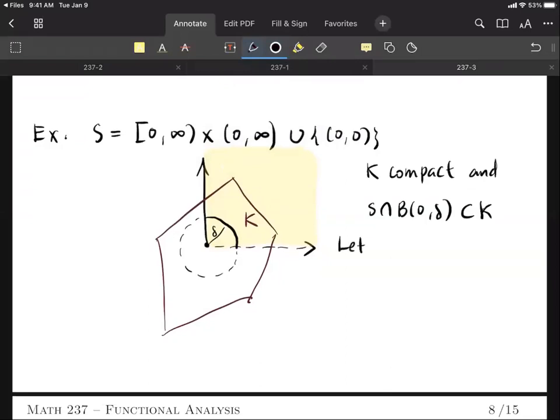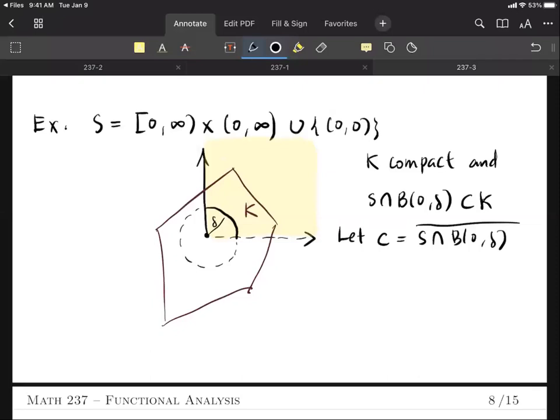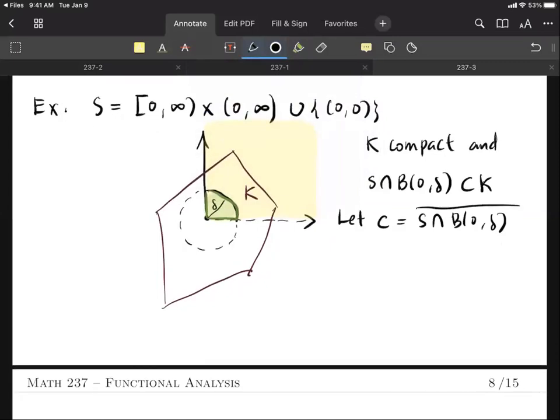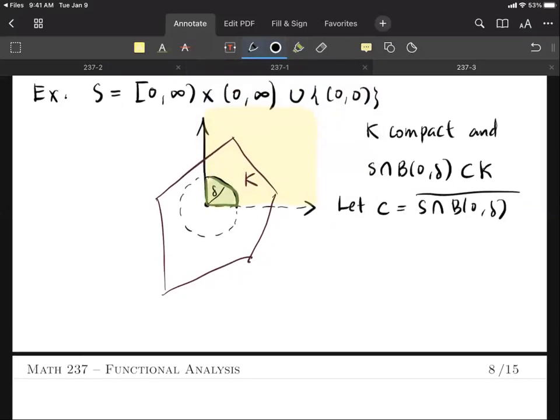let C be the closure of this one. In this region, the closure will be this region here, which we mark. Since K is a compact set, it is a closed set containing the intersection.